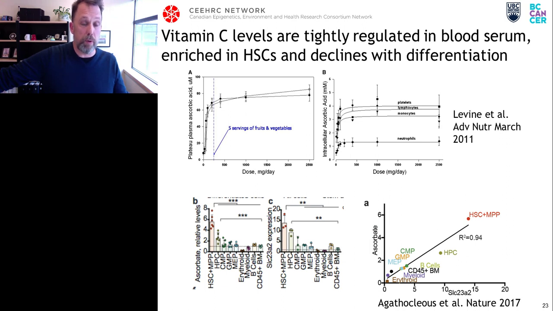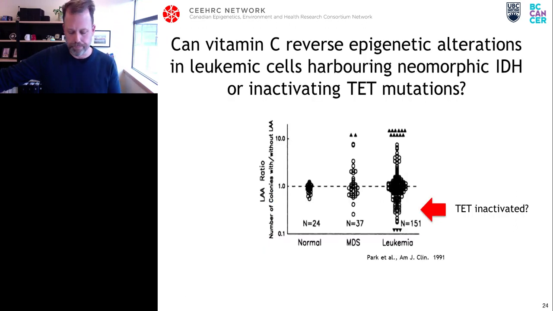This is shown on the bottom left panel. And on the right panel, you can see the concentration of ascorbate within these cells is directly correlated, not surprisingly, to the expression of a transporter that transports vitamin C. You can see again in the top right-hand quadrant of the bottom right figure, this gain of vitamin C in the hemopoietic progenitor population.